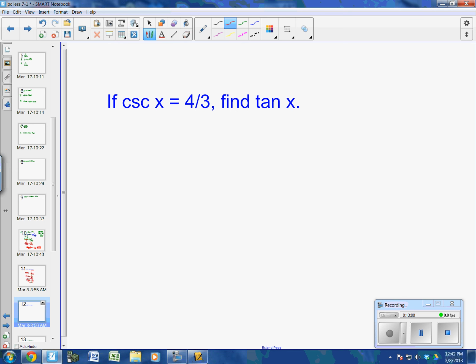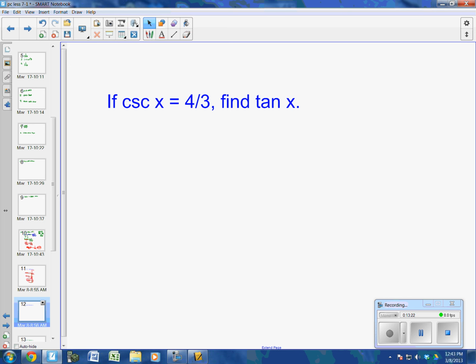If cosecant of x equals 4/3, find the tangent of x. Now, you got to look through your identities. Everybody get your identity notes out and think, okay, which identity has a cosecant and a tangent in it? When you think you know, raise your hand.